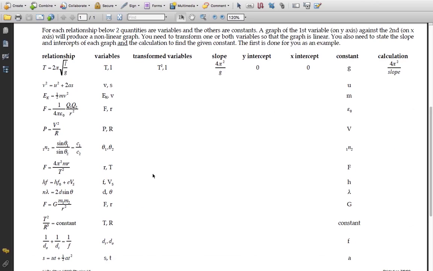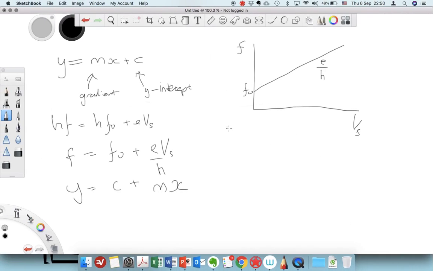This also wants us to say how to calculate h. Well, the gradient equals e divided by h. So with a little bit of mathematics, h, which is what we want, equals e, which is a constant, the charge on an electron, divided by the gradient.